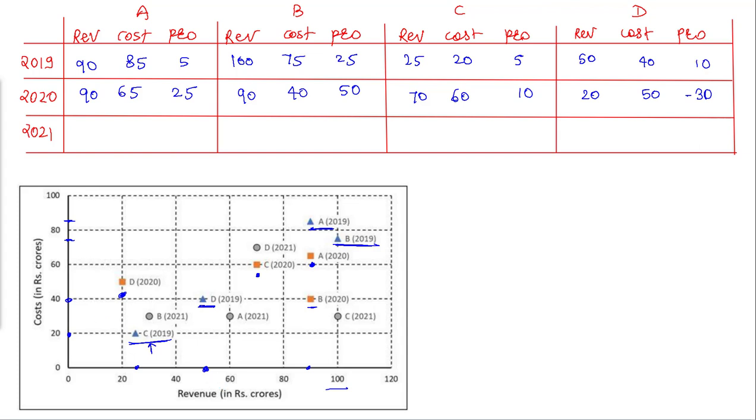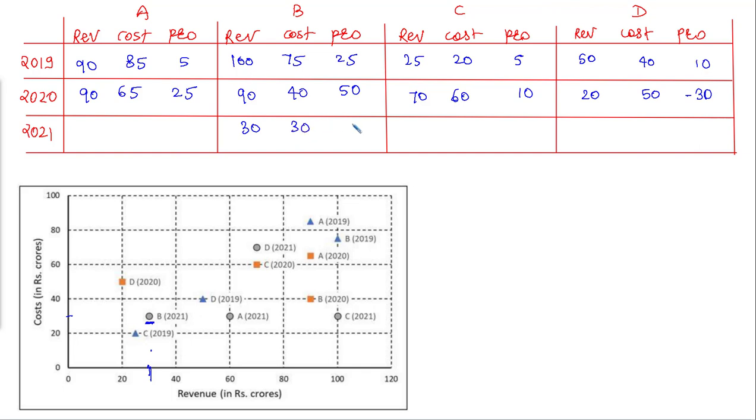For 2021, the data is represented by using a gray circle. So over here, let's read the data points represented by the gray circle. For company B, it is 30 and 30.